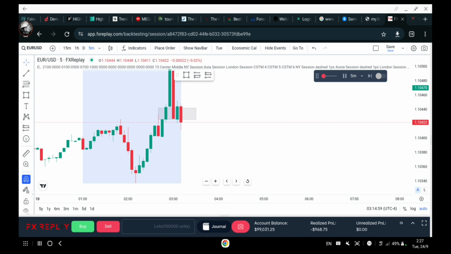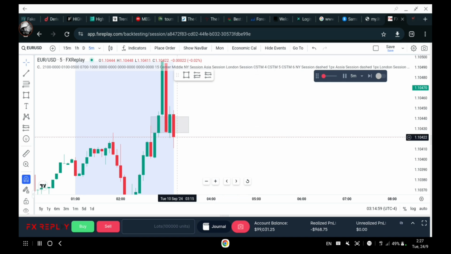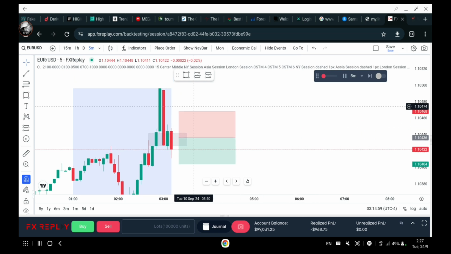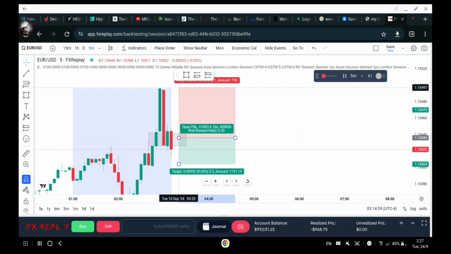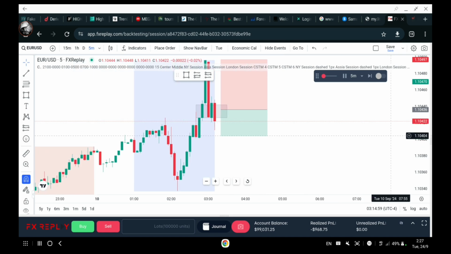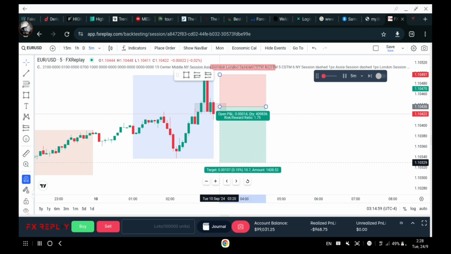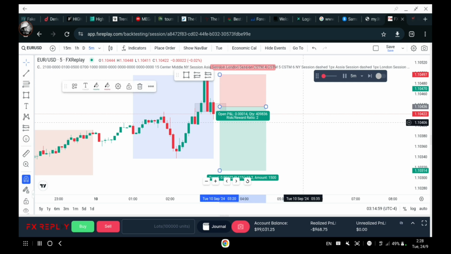So where do we execute? We can execute here, but the stop loss would be quite wide, so execute right there above fair value, around the candle body's midpoint, a little bit above it, and we just add a stop order.